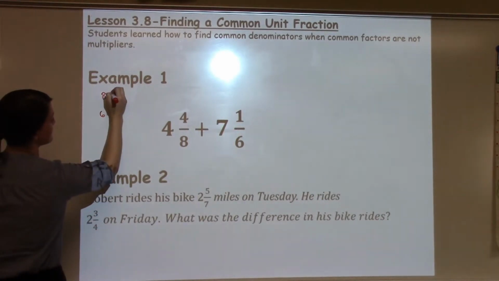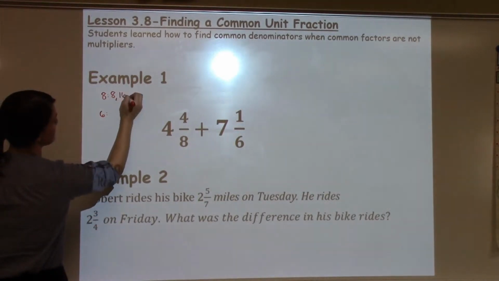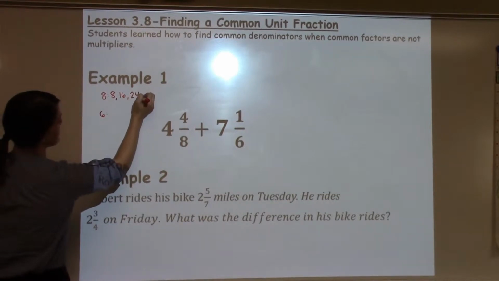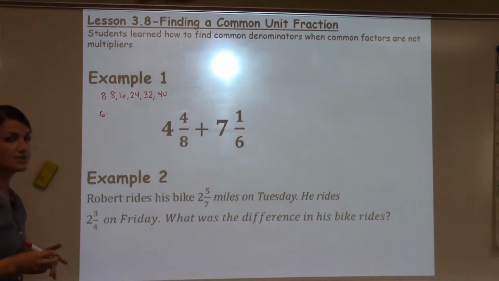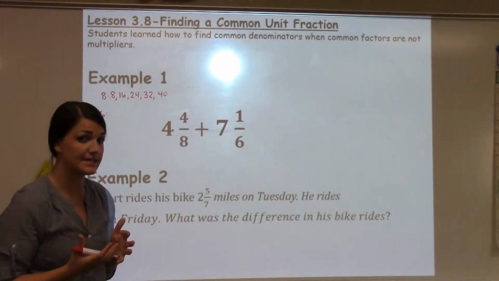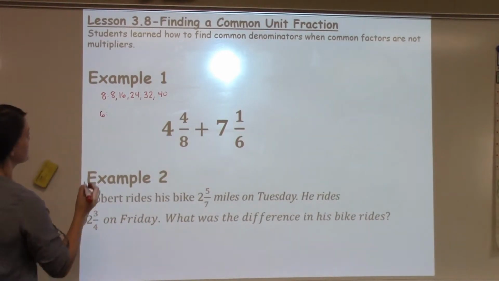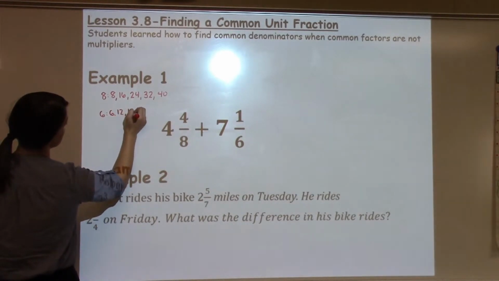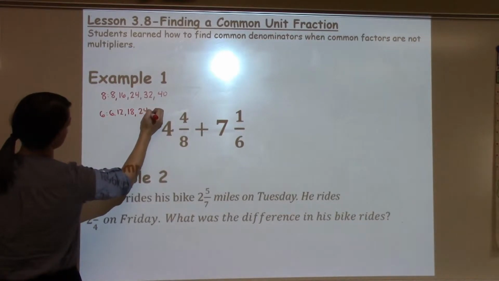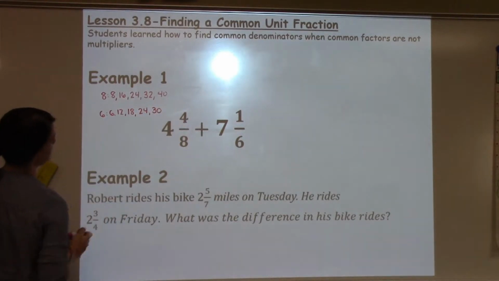So I think 8 times 1 is 8, then that's 16, 24, 32, 40. I always encourage the students to list out 5 to 6 multiples, and hopefully they'll find a match by then. 6 times 1 is 6, 6 times 2 is 12, times 3 is 18, 24, 30.